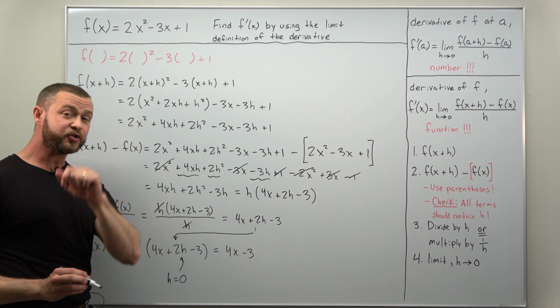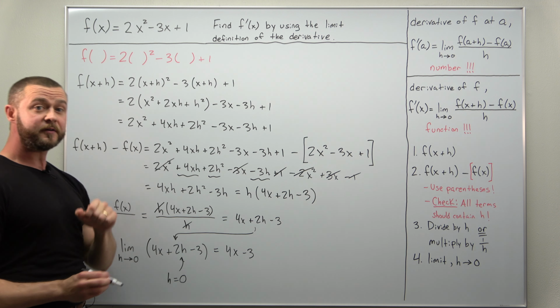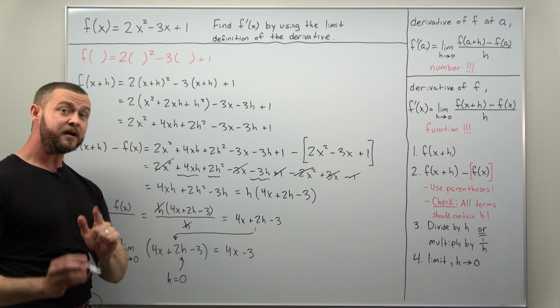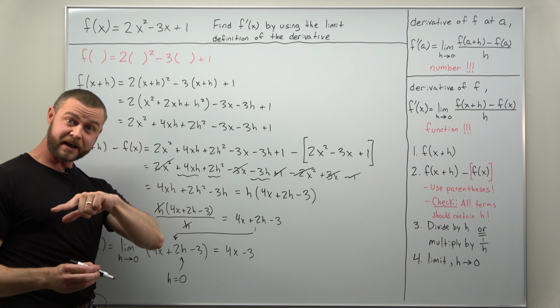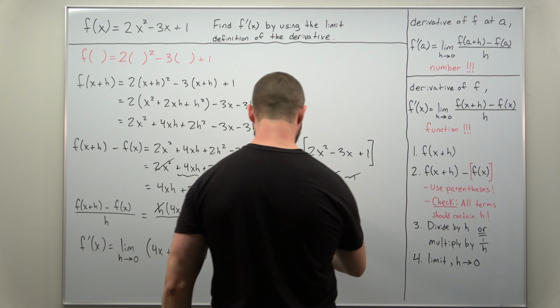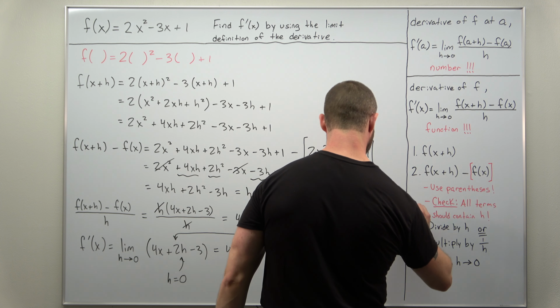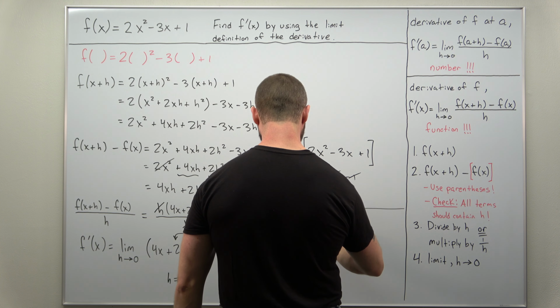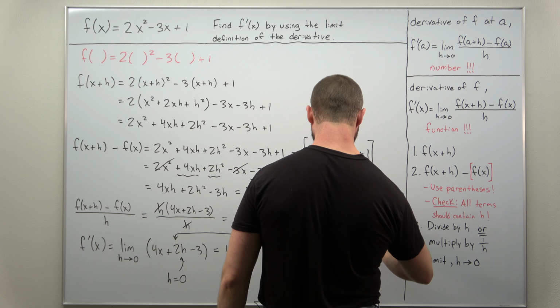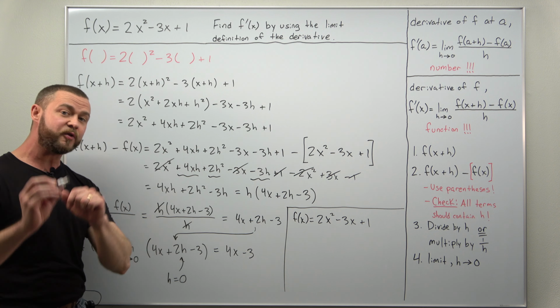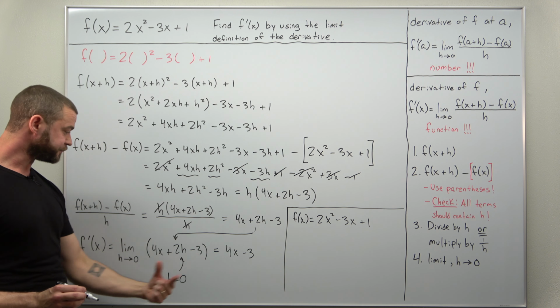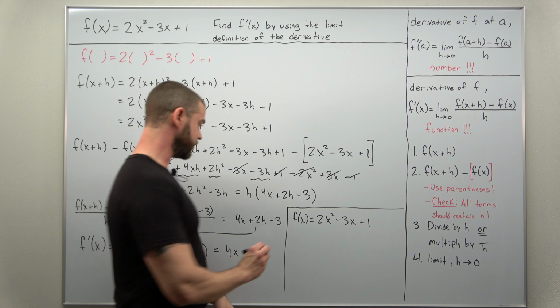And that is the derivative of this function, f of x equals 2x squared minus 3x plus 1. All right, let's just go ahead and write down the function and the derivative, just so you see some patterns here. So our function was 2x squared minus 3x plus 1, and we just calculated the derivative, f prime of x, as 4x minus 3.